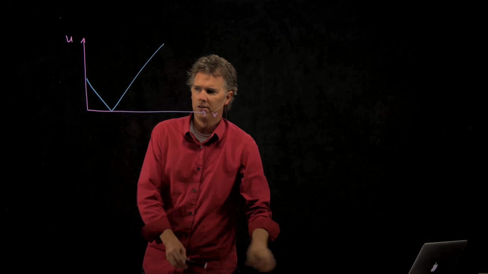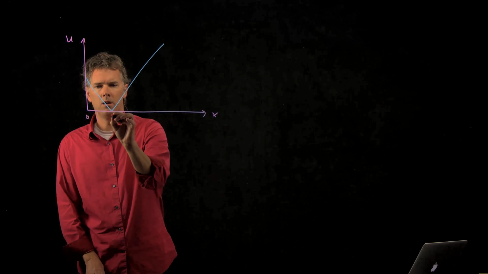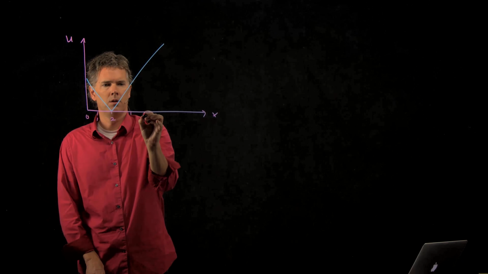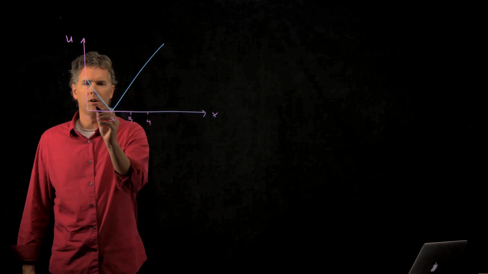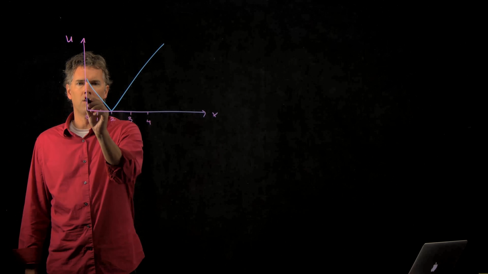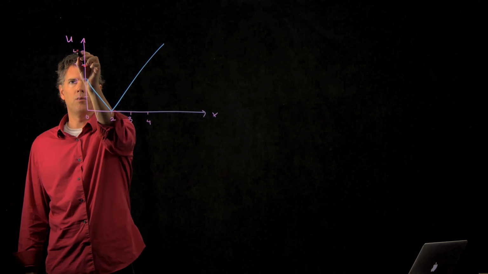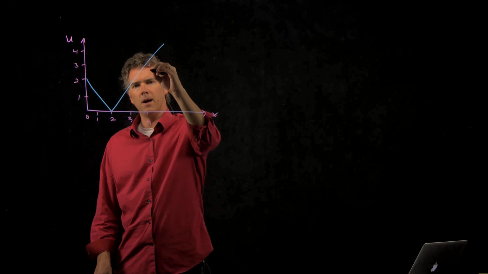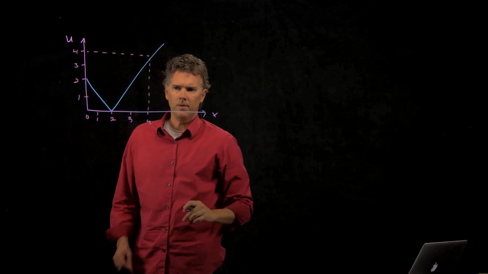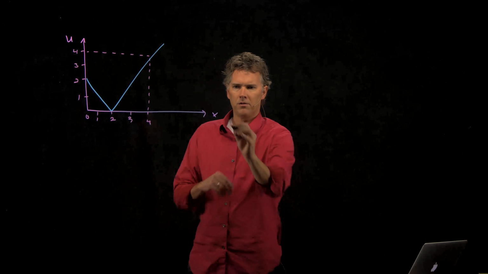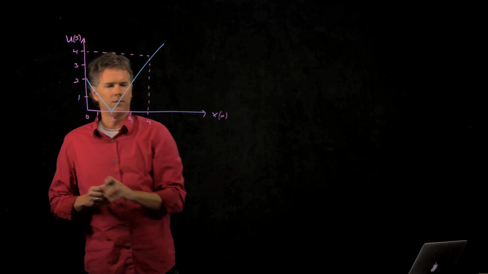The values here are 0, 1, 2, 3, 4, and this point matches with that point right there. x is of course in meters, and potential energy is of course in joules.